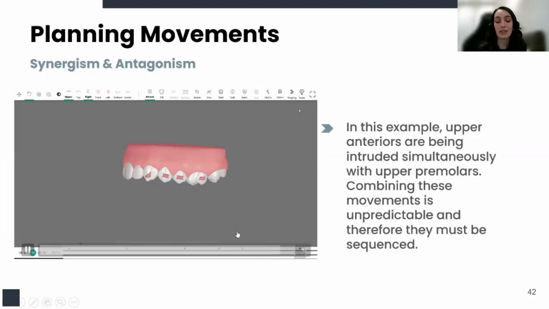So again, ideally, these two are movements that should be separated and they should not be performed simultaneously, simply because this could lead to loss of track, this could lead to collapse, and loss of track would mean having to go through a mid-course adjustment with the patient. And even if we had to have a longer treatment from the start, I truly believe that it would be more convenient for the patient than having to have them go through a mid-course adjustment and having to take new scans and starting over with the treatment.